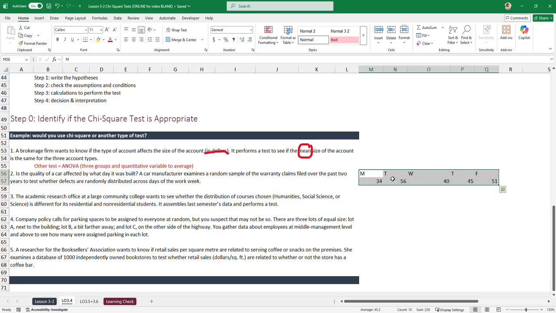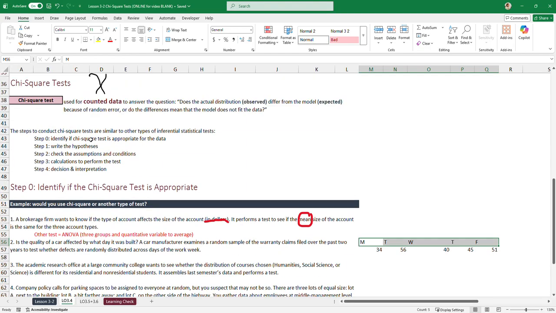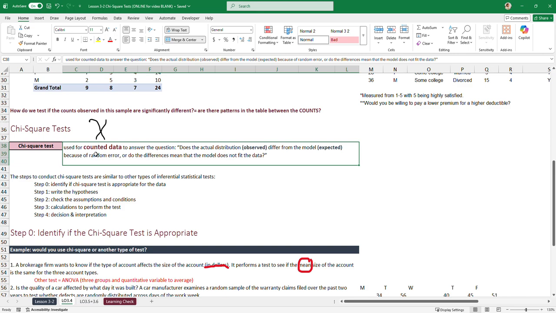In this case, we are trying to see if these counts differ significantly, or would they be about the same for every day of the work week? In this case, because all you're doing is counting up defects across days of the week, this does involve 2 different categorical variables. Basically, defect or not, it gets counted, and day of the work week, Monday, Tuesday, Wednesday, Thursday, Friday, gets counted.